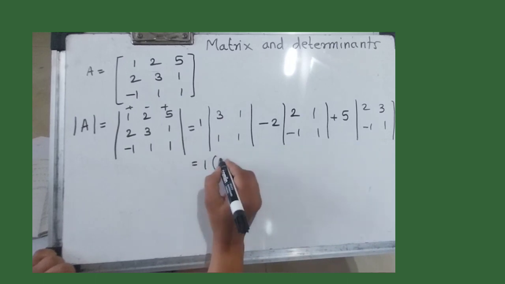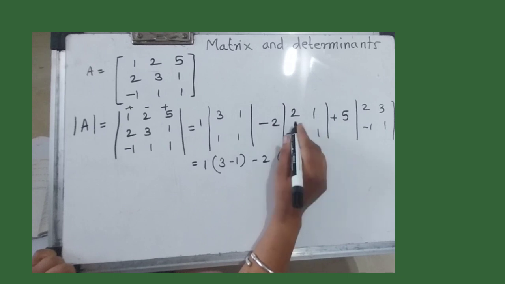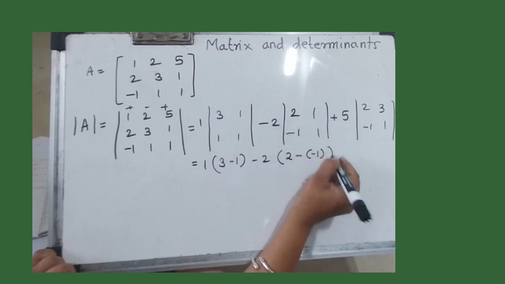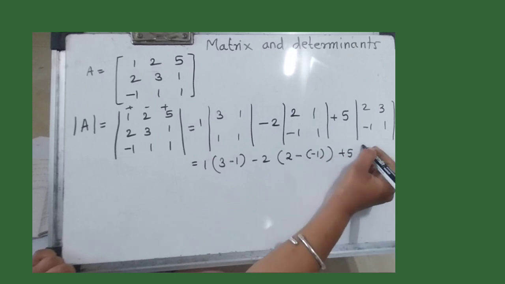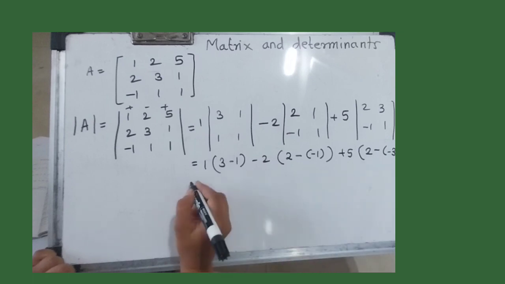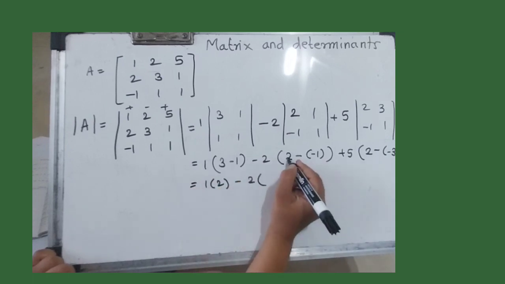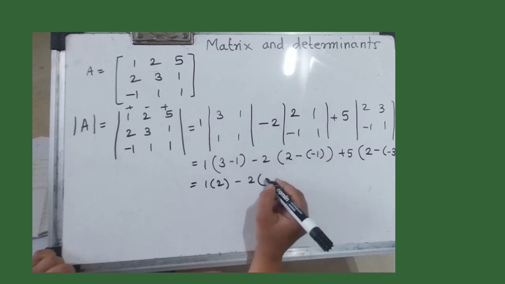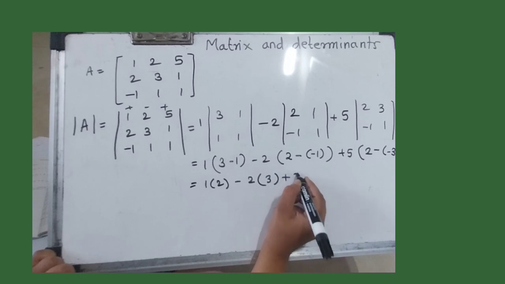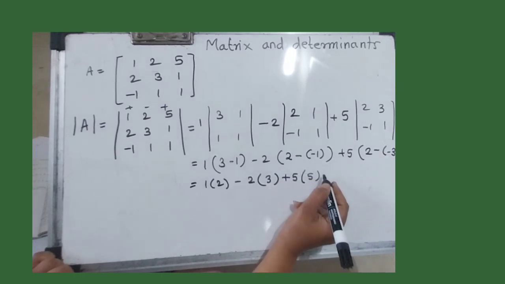Take cross multiplication. 3 minus 1 minus 2 into 2 minus 1 plus 5 into 2 minus 3. So it is 1 into 2 minus 2, it is 2 plus 1, it is 3, plus 5 into 2 plus 3, 5.